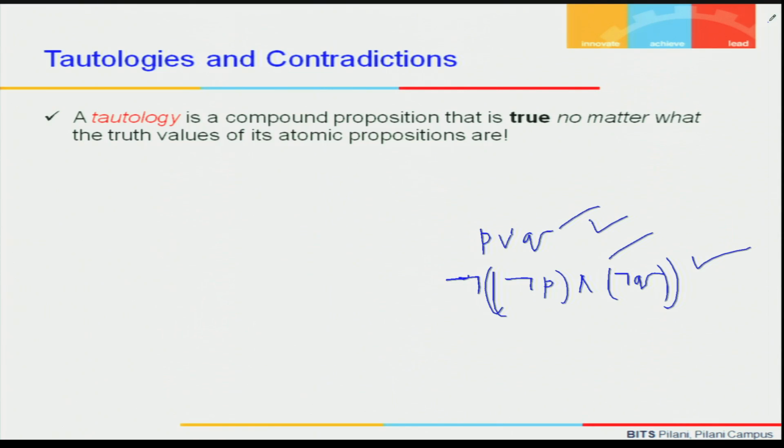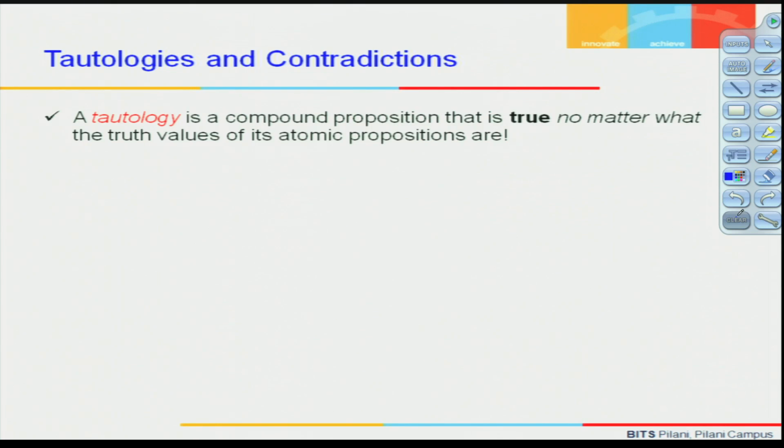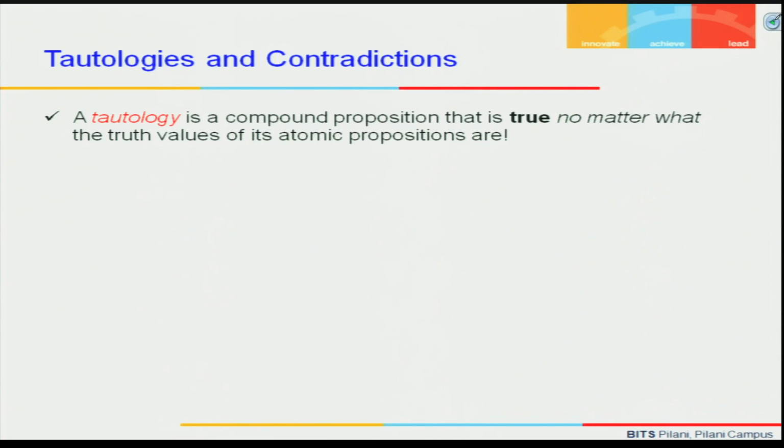Before that, we will define some things like tautology. We say a statement, a compound proposition, is a tautology if it always results in truth as its value, immaterial of what values its constituent atomic propositions assume.